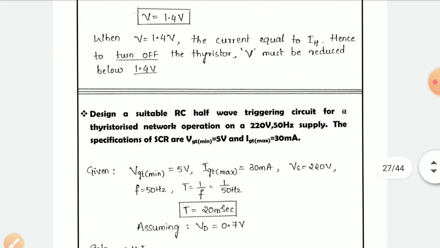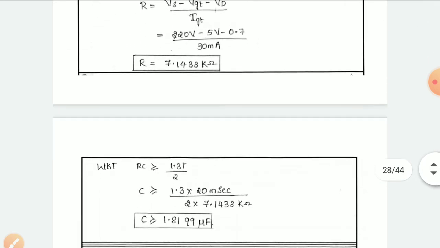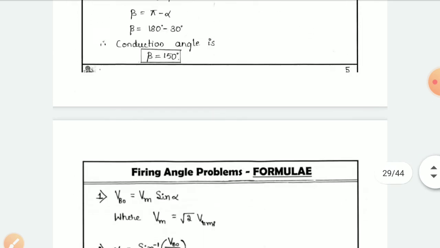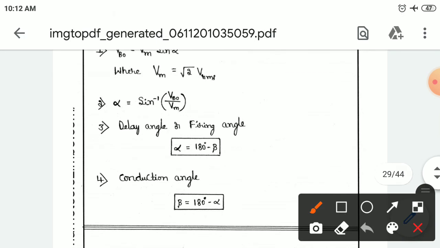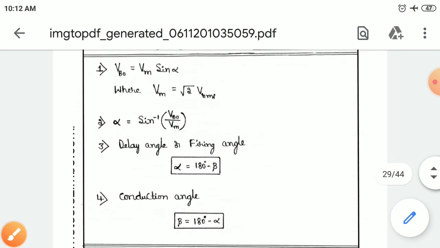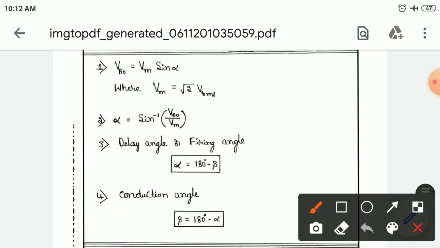So this is about problems on R firing, RC firing, and firing angle. These are some formulas you just have to remember, and they will help you solve the problems. Only 4 formulas. VBO is Vm sin alpha. Vm is equal to root 2 times Vrms. Alpha is equal to sin inverse of VBO divided by Vm.